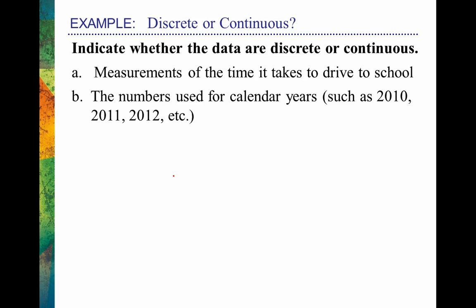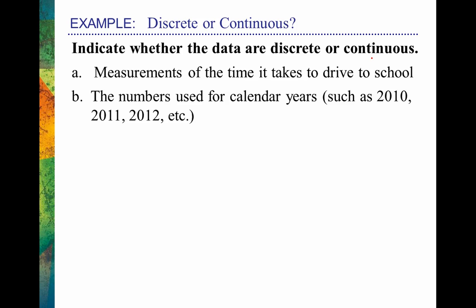So now let's distinguish between discrete or continuous data. Indicate whether the data are discrete or continuous. Measurements of time it takes to drive to school. So the critical issue here in distinguishing between discrete and continuous is whether I have to limit my data to whole numbers or if the data I have makes sense along the entire number line.